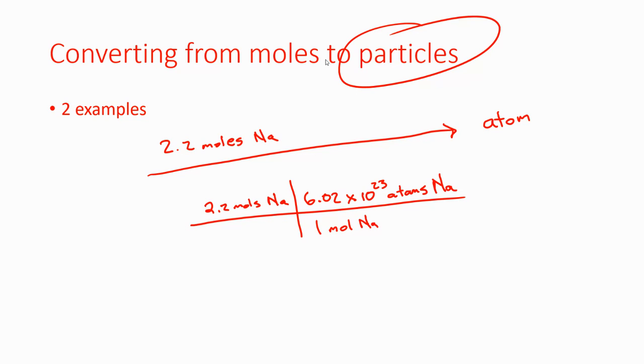So if I say 6.02, second comma, you should see an E. And then after that E, you type 23. That format for your calculator means 6.02 times 10 to the 23rd, and it's the easiest and best way to type it in. When I do the math, I get 1.3 times 10 raised to the 24th, and that is atoms of sodium.